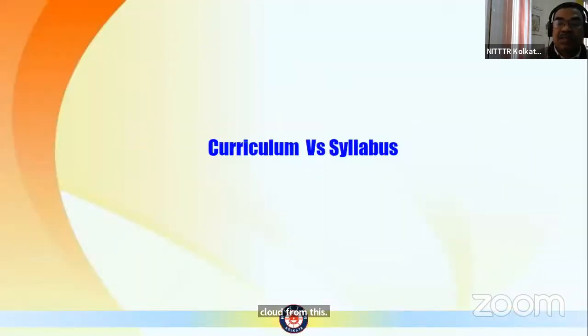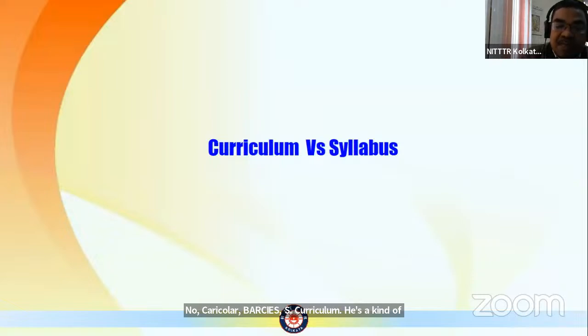Now, curriculum versus syllabus. Curriculum is the entire document, and syllabus is a small part of it.